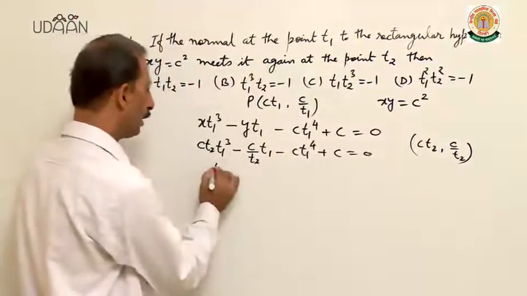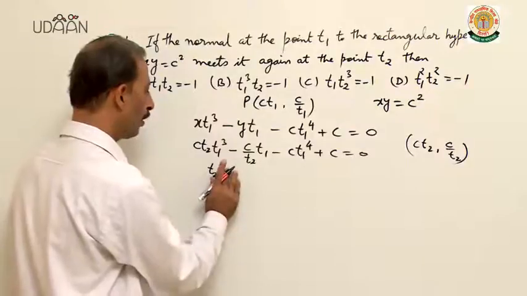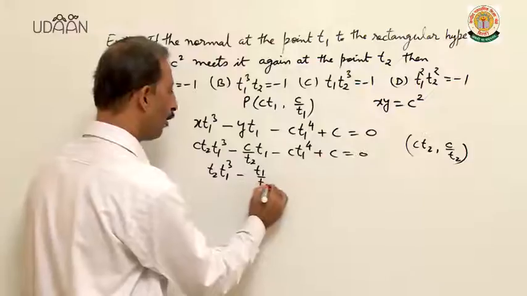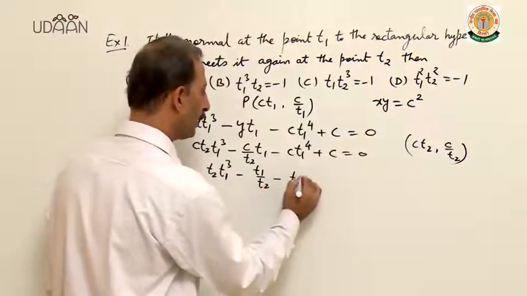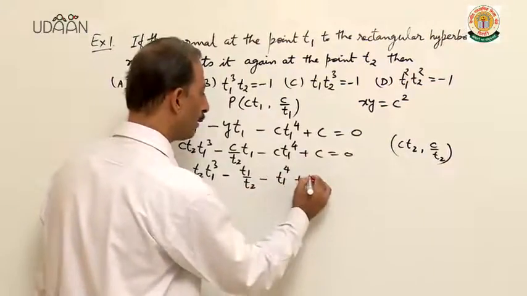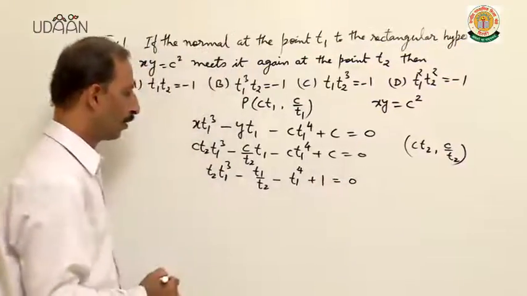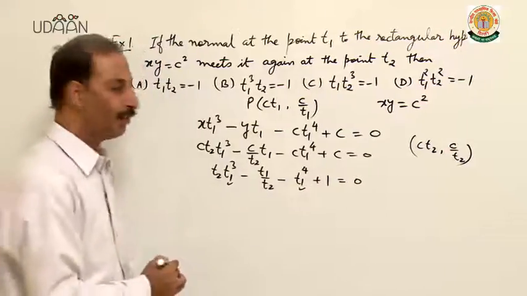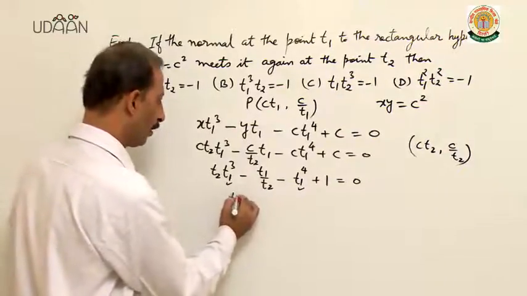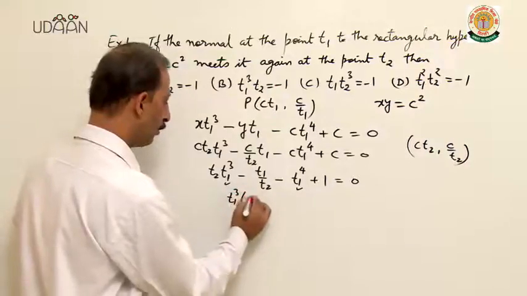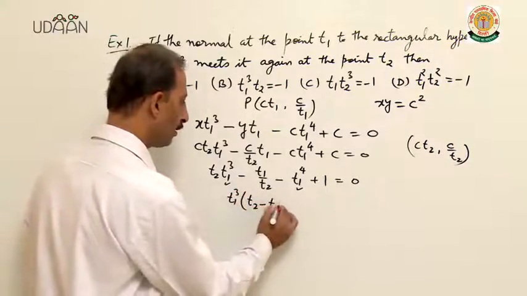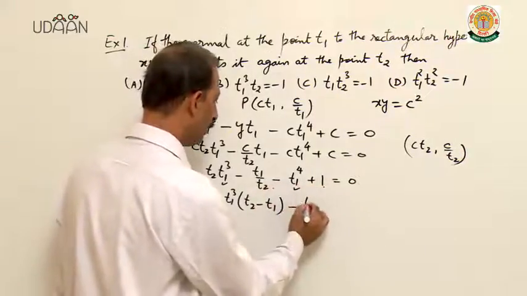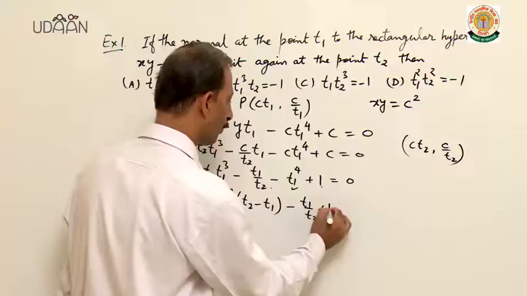So now t2 t1 cube minus t1 upon t2 minus t1 raised to power 4 plus 1 equal to 0. So I am taking t1 cube common from here and here. If you take t1 cube common, you will get t2 minus t1. Here these two terms I am writing as it is, t1 upon t2 plus 1 equal to 0.